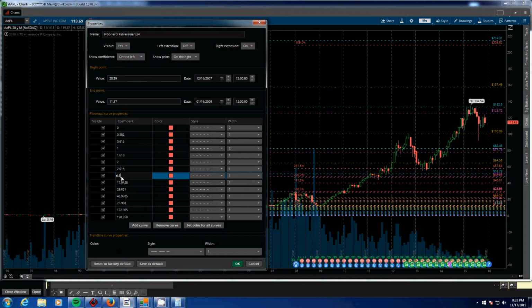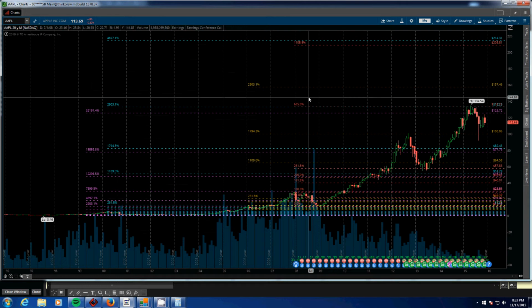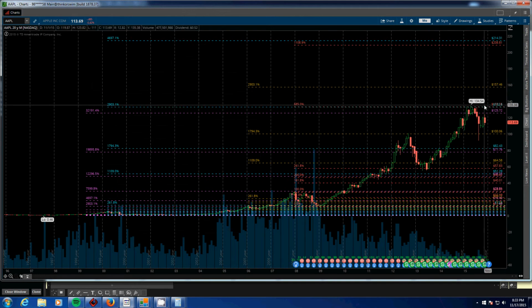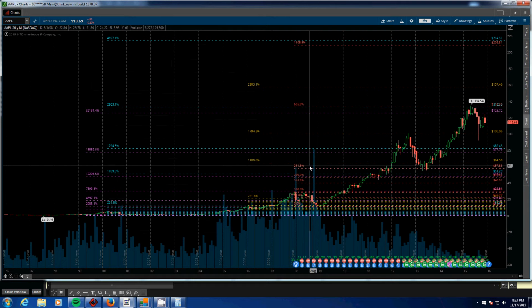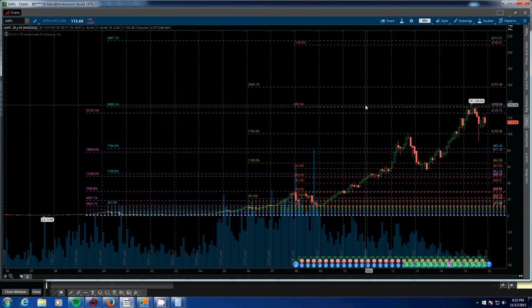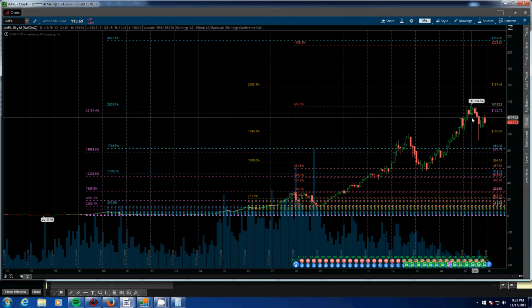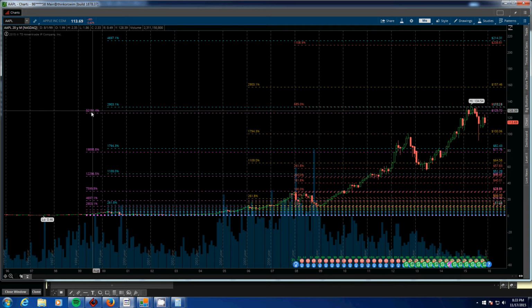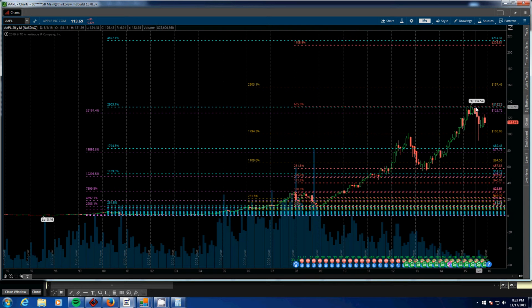So I'm just filling in a couple other ones real quick that are lower in value. There you go. There's the 685 right up here at the highs too. So you can see a confluence of these price targets, or these Fibonacci levels, acting as price targets.